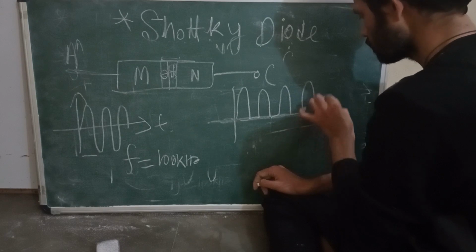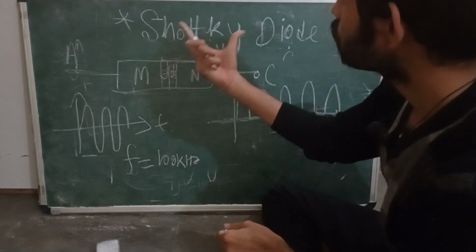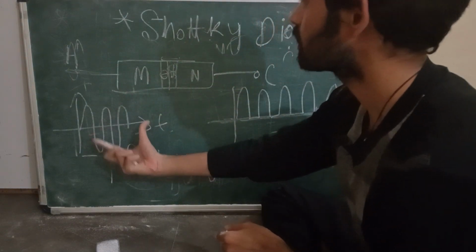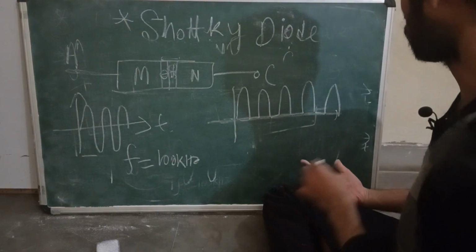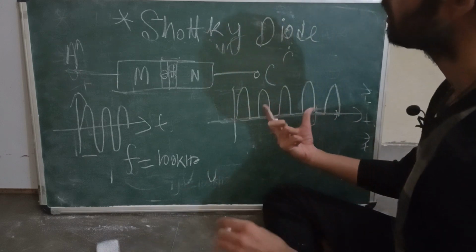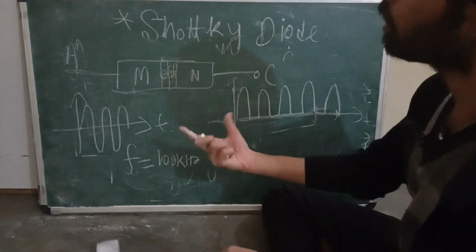Means this Schottky diode is able to rectify this high frequency signal properly. Now I can say that it is a pure fluctuating DC.